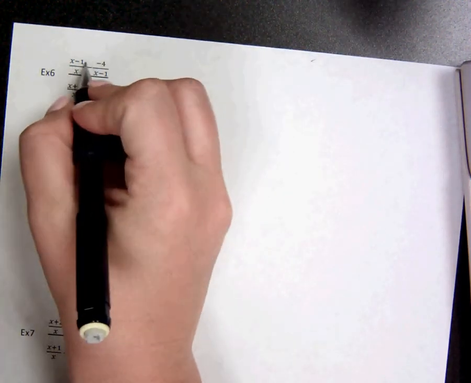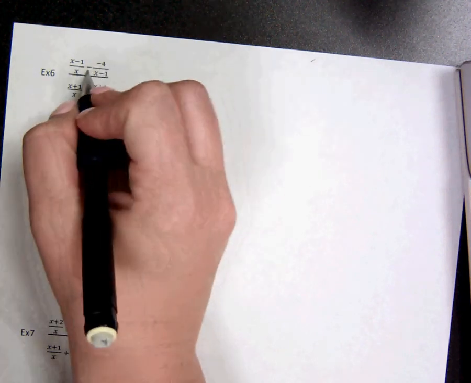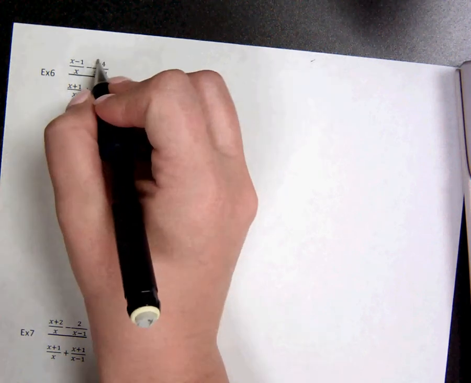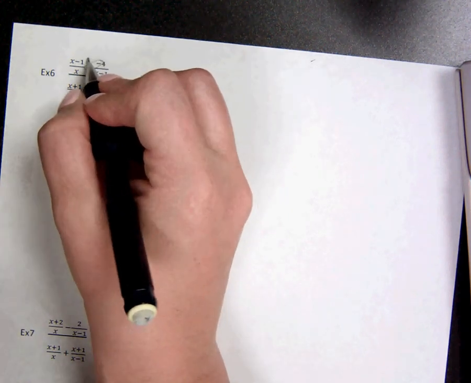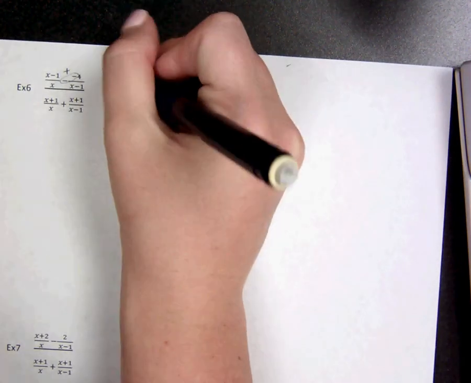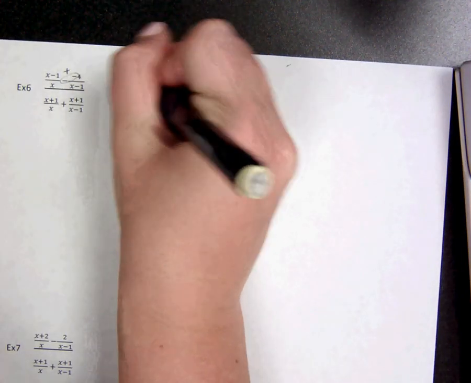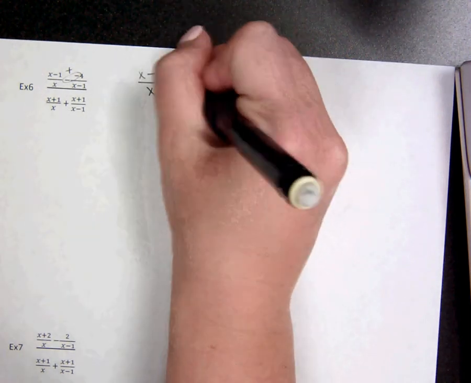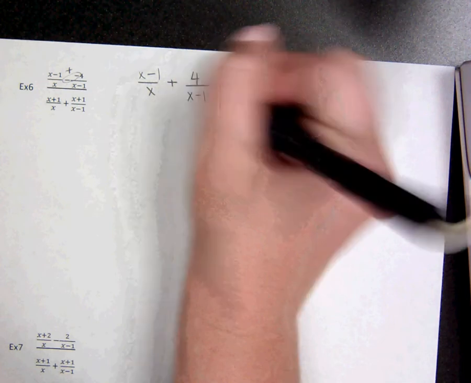So you have (x minus 1) over x minus negative 4 over (x minus 1). This minus and negative, we can just go right ahead and change that to addition. I'm going to rewrite it a little bit bigger so we can really see it. We have (x minus 1) over x. It's going to become plus positive 4 over (x minus 1).